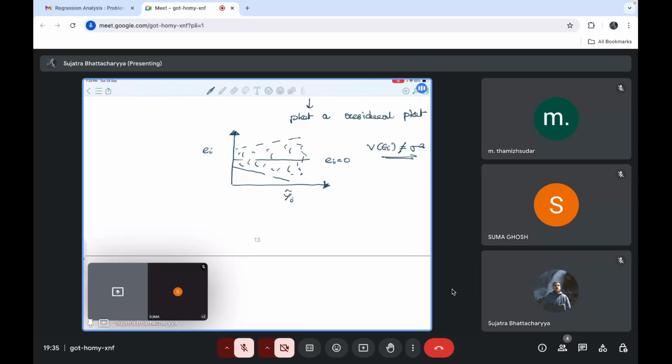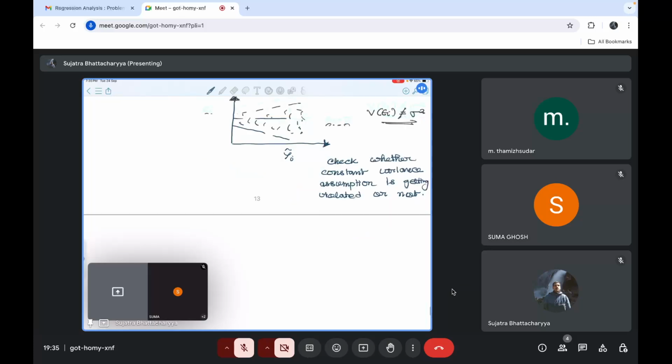Okay. So from here, you just check whether the constant variance assumption is getting violated or not. Okay.